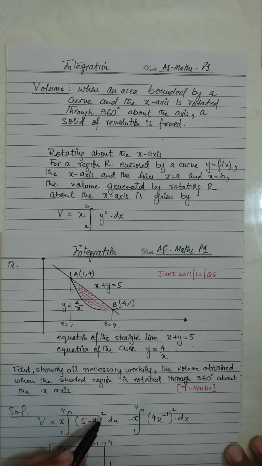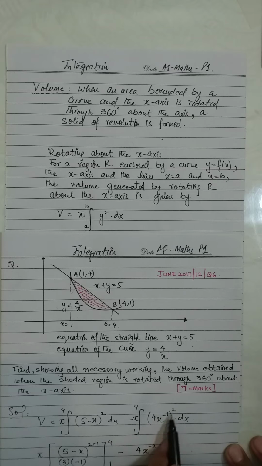So that was squared, then integrated, and whatever I get after applying the limits, I need to multiply by pi, minus, now squaring this, I get 4x to the power minus 1, squared, so I get 4x to the power minus 2.